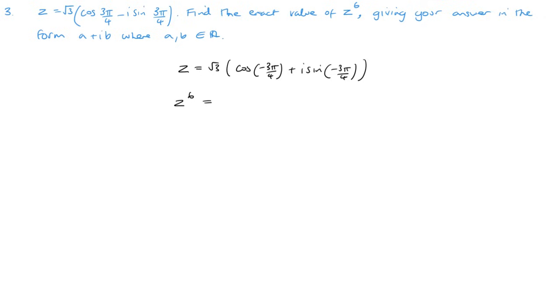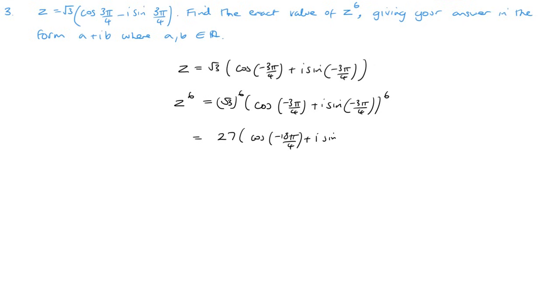So that to the power 6, we've got root 3 to the power 6, and then cos of minus 3 pi by 4 plus i sine minus 3 pi by 4, to the power 6, which is 27 outside, and then cos of minus 18 pi by 4 plus i sine minus 18 pi by 4.